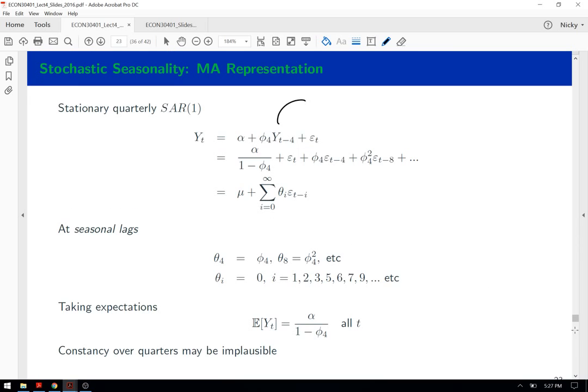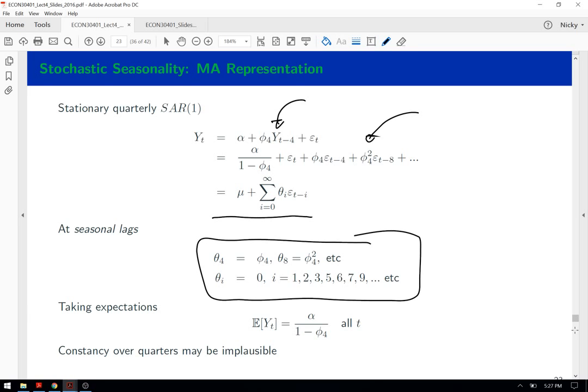We come back, substitute again and again, and you will find the MA infinity form written like this, where the coefficients satisfy this here. So again, from this we can use the formulas for the covariance function of an MA infinity, plugging in these particular coefficients.